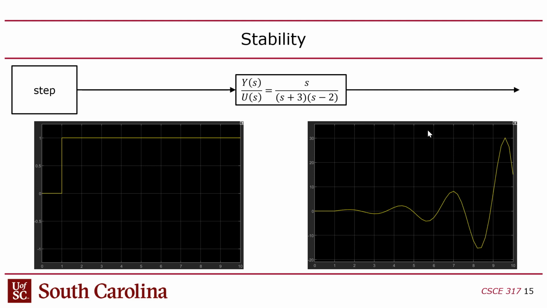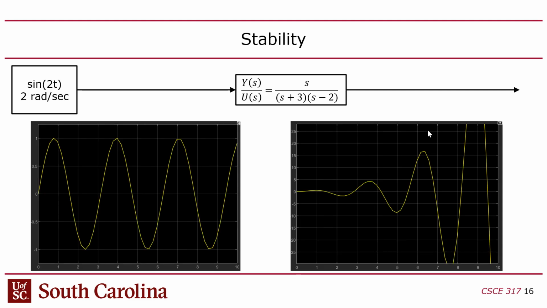Yeah, but it's a different response. It still reveals that the output is not bounded, right? But the output you see in response to a step is slightly different from the output you see if you give it an impulse. Does that make sense? They both serve the same purpose, but the actual response is different depending on whether you give it an impulse or a step.